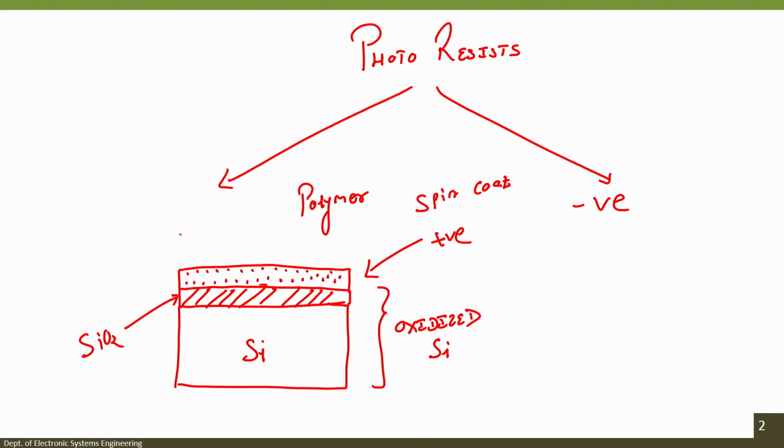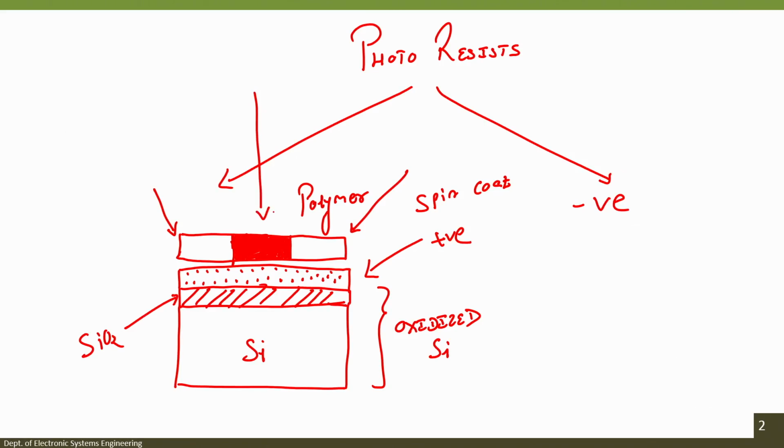I expose only some of the area of the photoresist, only the region which is not shaded by red color.